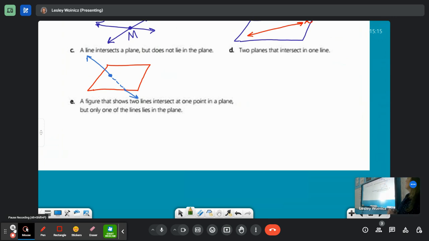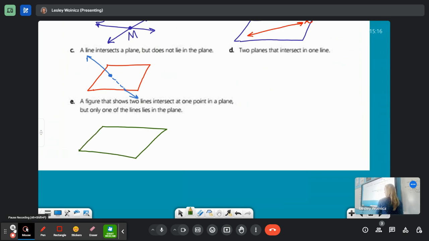Redemption. What about a figure that shows two lines intersecting at one point in a plane? Only one of the lines lies in the plane. So one is going to punch through, the other one is going to be in the plane. Okay, I'm going to have my plane. Okay, I've got one line in the plane.